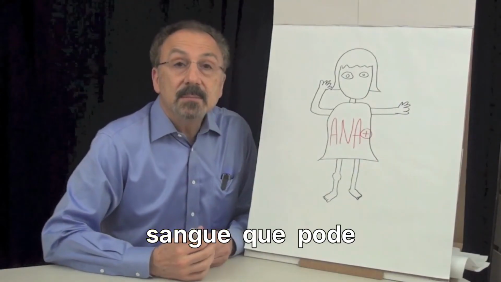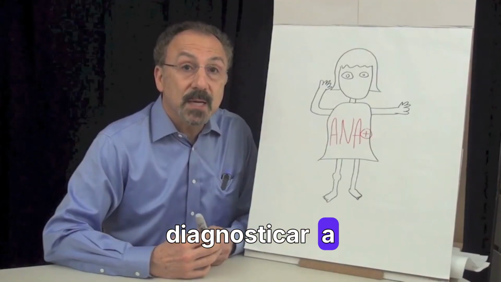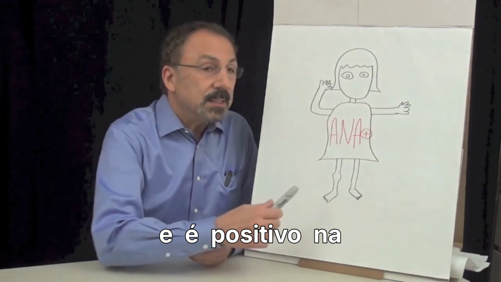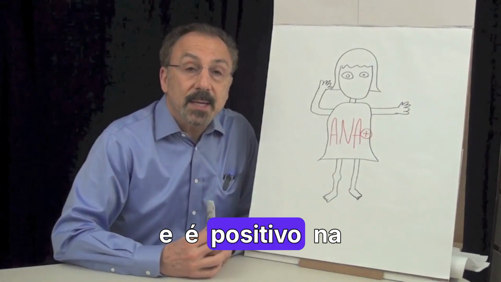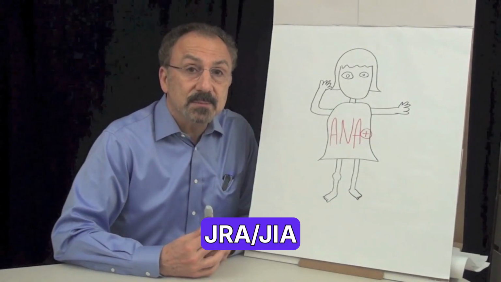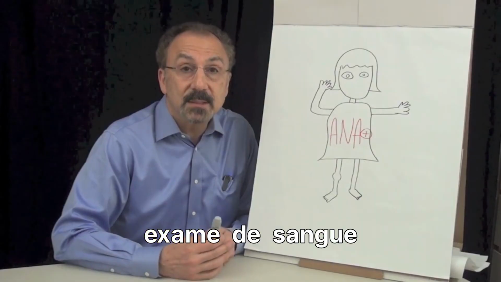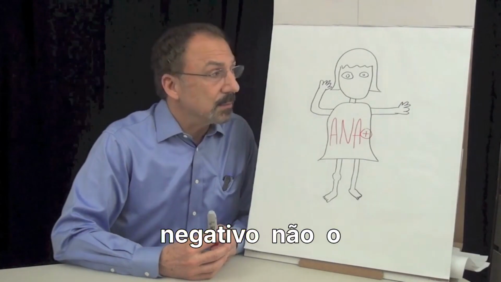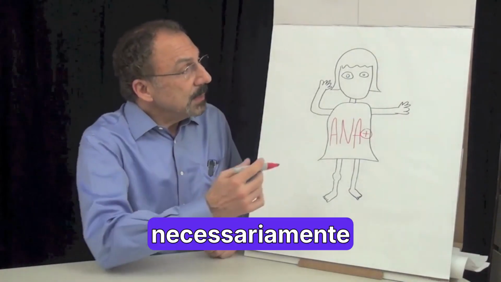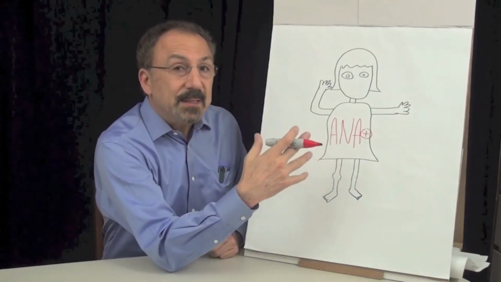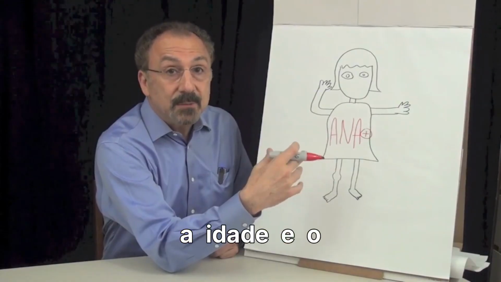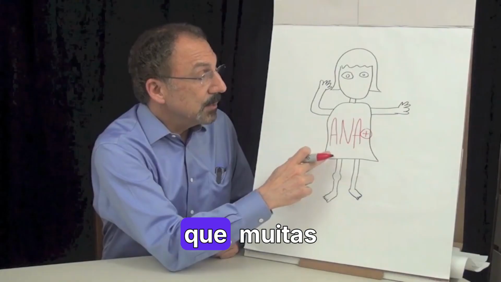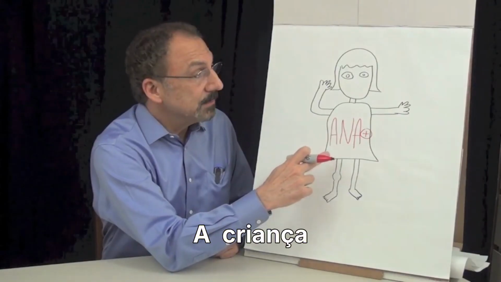It's a blood test that can diagnose juvenile idiopathic arthritis and is positive in oligoarticular JIA approximately 50% of the time. So a positive blood test confirms the diagnosis, whereas a negative blood test does not necessarily rule it out. ANA represents a roughly 2-year-old girl, the average age and gender of a child with JIA, who is often ANA positive.